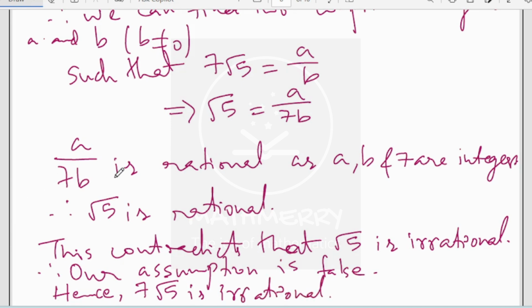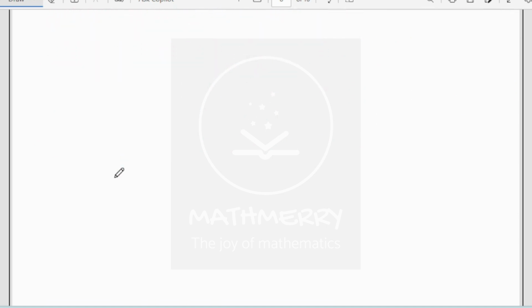Now that's about our second sub question. Now moving to the third sub question. For the third sub question, we have to prove that 6 plus root 2 is irrational. So let 6 plus root 2 be rational.